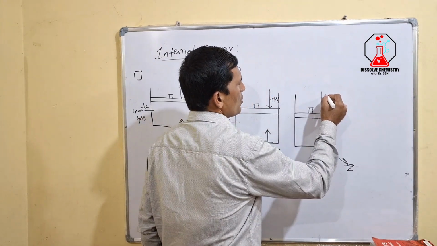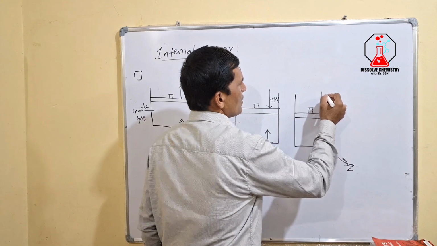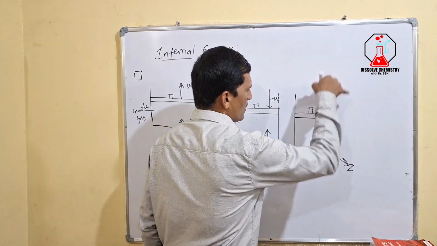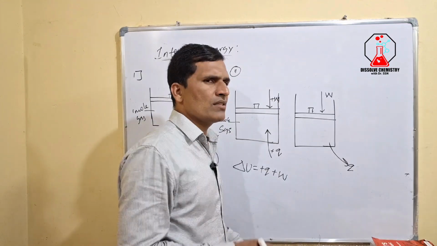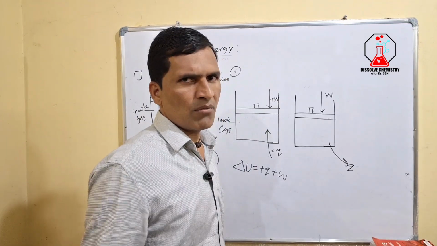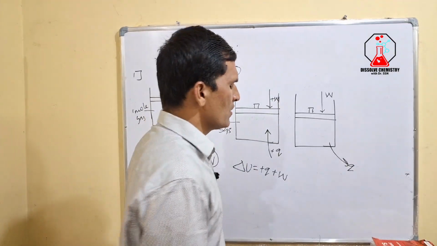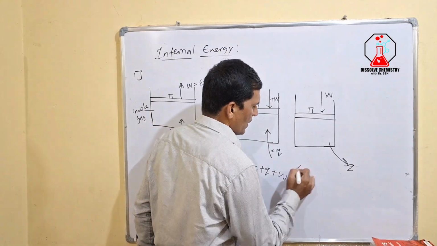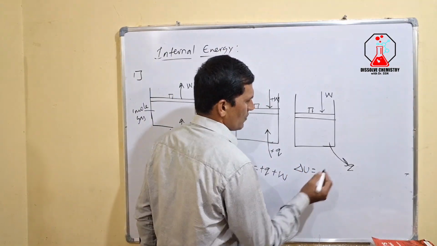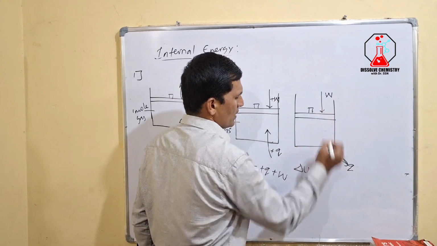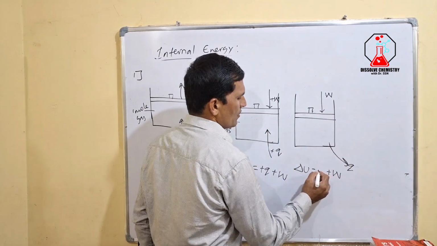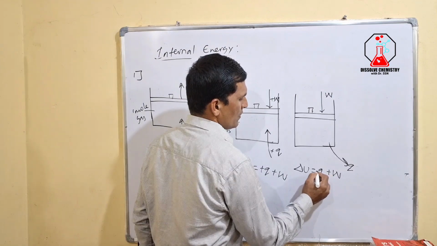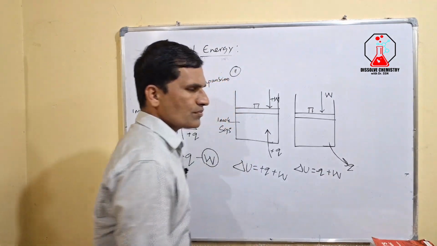So W amount of work is done on the system, means work is adding to the internal energy, whereas Q is being given out, a certain amount of energy in the form of heat. So delta U is equal to, what will be the sign? Work is added, so it will be plus W, and Q amount of heat is going out, so it will be minus Q.